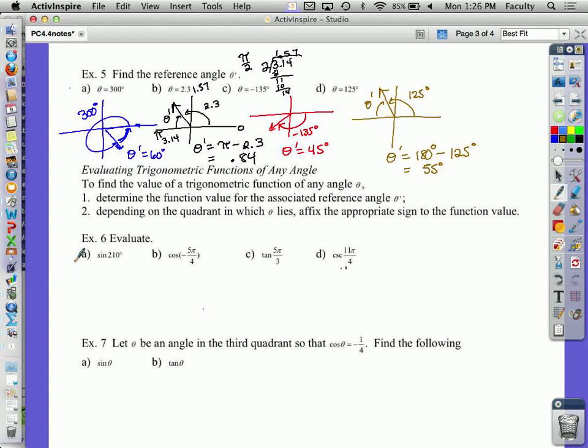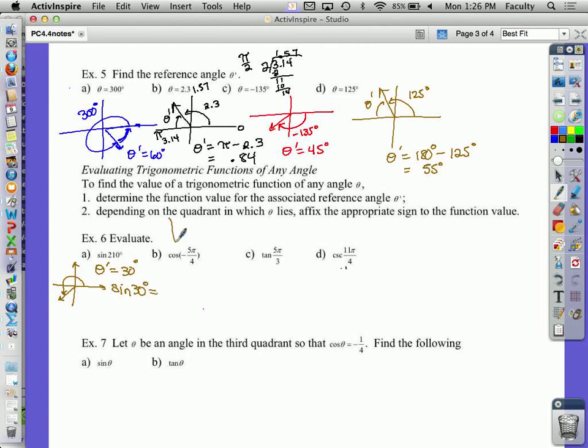So here, let me go through the steps. If I want to evaluate the sine of 210 degrees, well, let's draw 210 degrees. That identifies the quadrant. What's the reference angle then? How far away from the x-axis am I? Right? Now, we want to do the sine of 30 degrees.